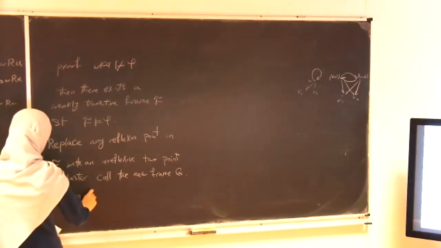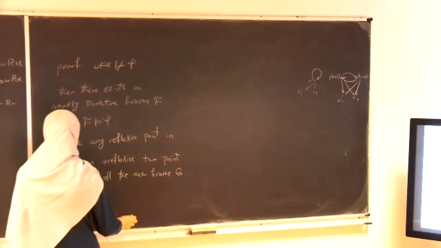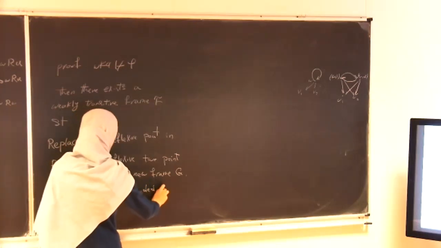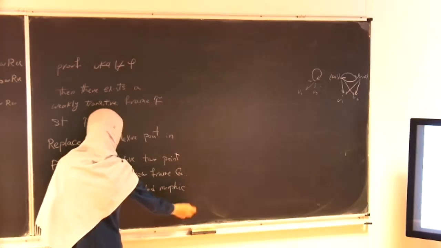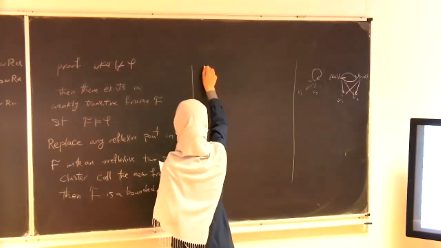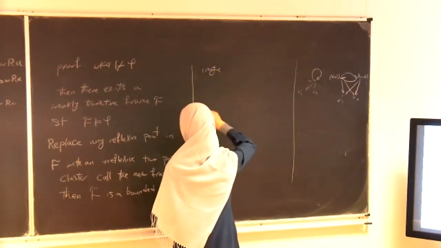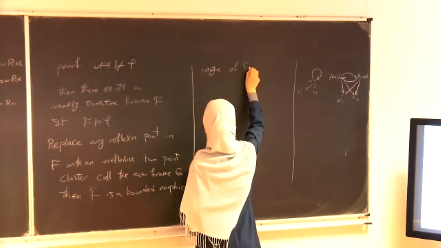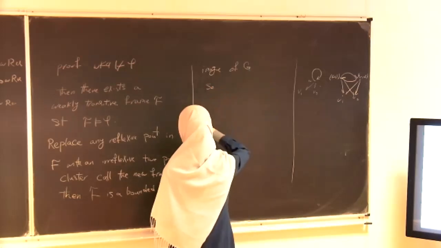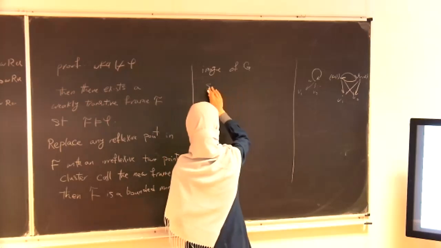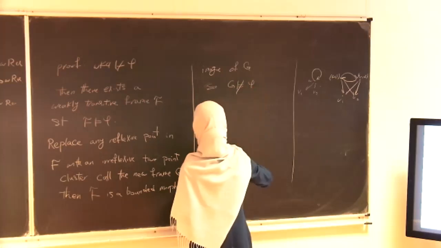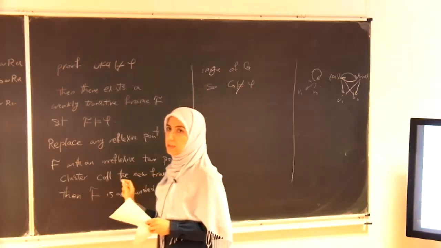Then we can see that F is a bounded morphic image of G. So in G, phi is not valid and G is an irreflexive frame.